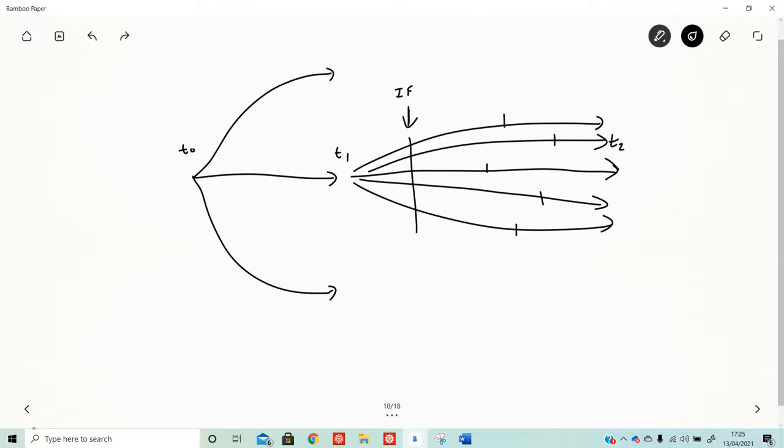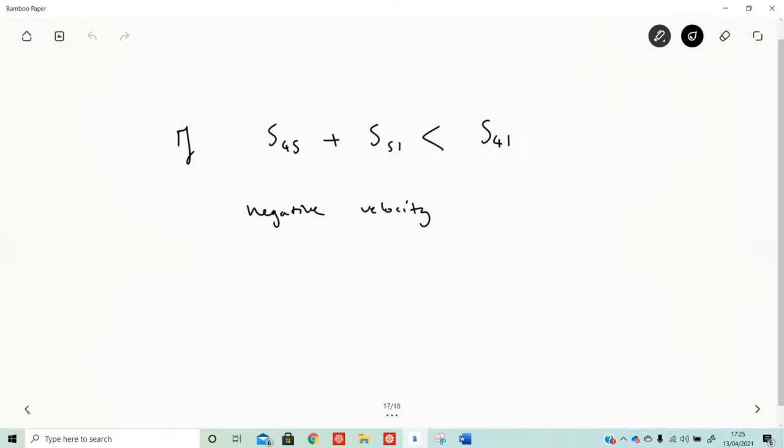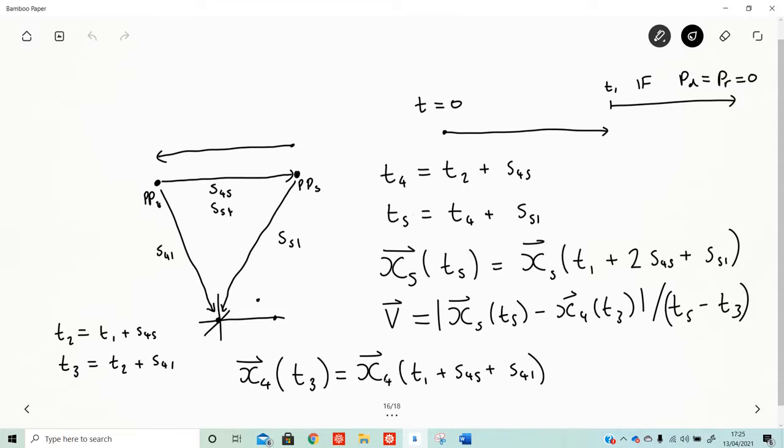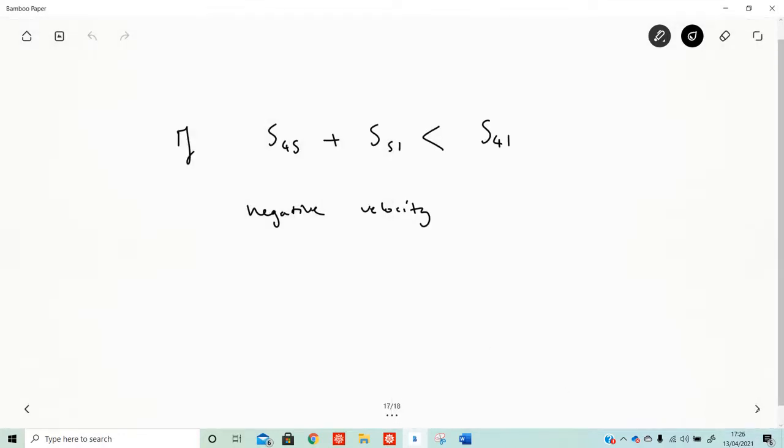By the way, just to go back, once we've worked out the point at which the inertial frame is affecting the centralized point particle, we can then work out those values for every sequential time step. What I mean by that is we would do v equal to the norm of x5(t5) minus x4(t3), divided by the time difference, let's call that delta t.